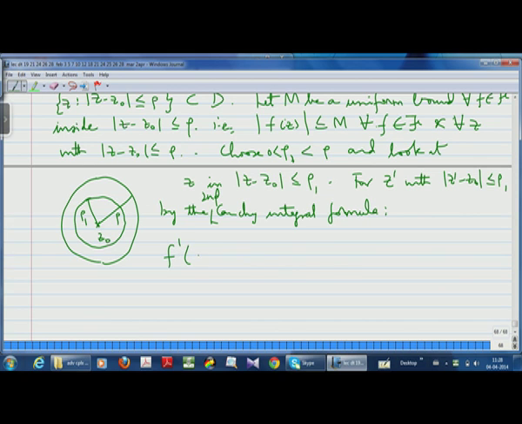So f dash of z prime is 1 by 2 pi i integral over mod z minus z naught equal to rho of f of z dz by z minus z prime the whole squared. So this is the Cauchy integral formula. And mind you, the contour of integration is this outer circle taken with the positive sense.